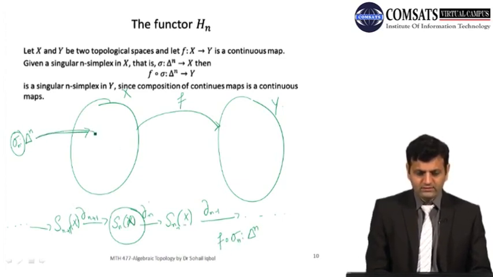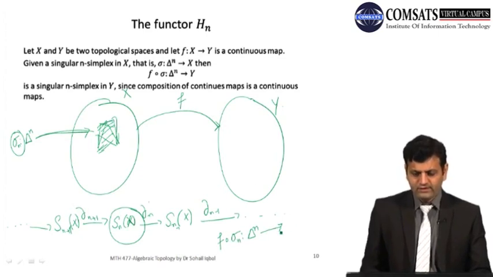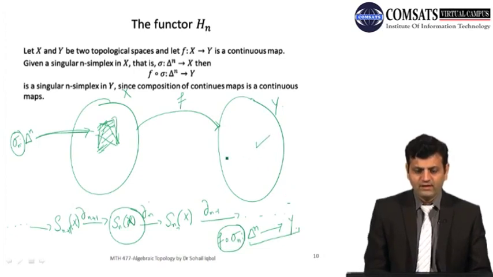First we go to X, and we get some image of this standard n simplex inside X, and then when we apply f on these points, I get points of Y. So it goes from the standard n simplex to Y. So f composed with sigma n is a continuous function from the standard n simplex to Y, which is by definition a singular n simplex inside Y. So given a singular n simplex inside X, I can calculate a singular n simplex inside Y. That's an important observation.